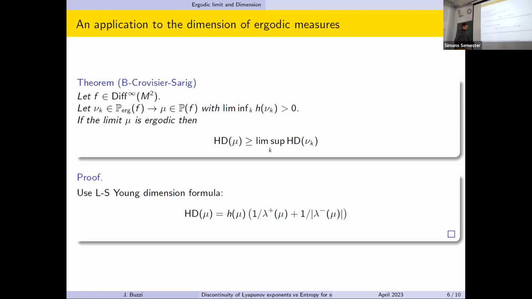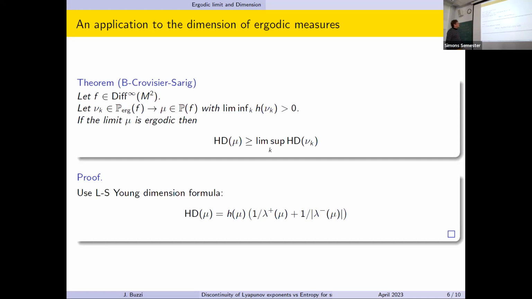So you deduce from the statement of the theorem that these ratios are semi-continuous, and then you apply the formula of Ledrappier and Young for the dimension of ergodic measures on surfaces with positive entropy.